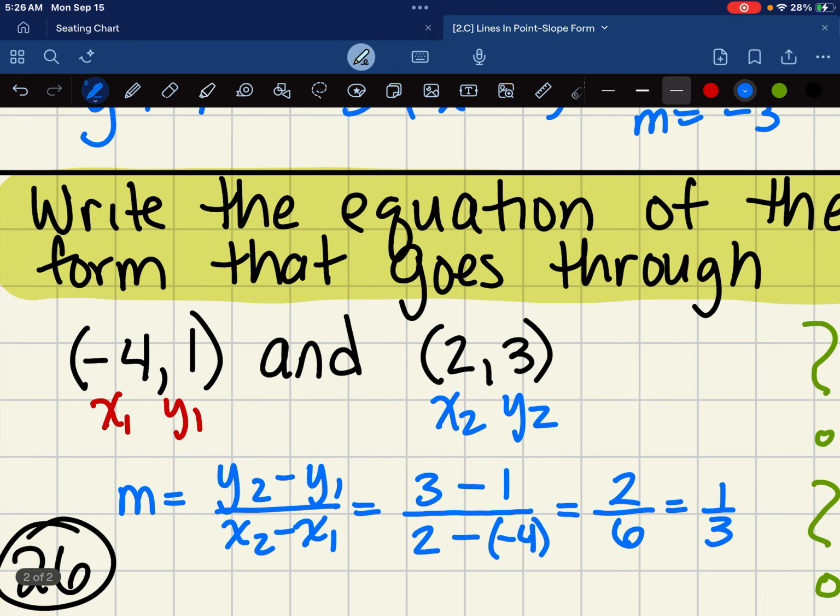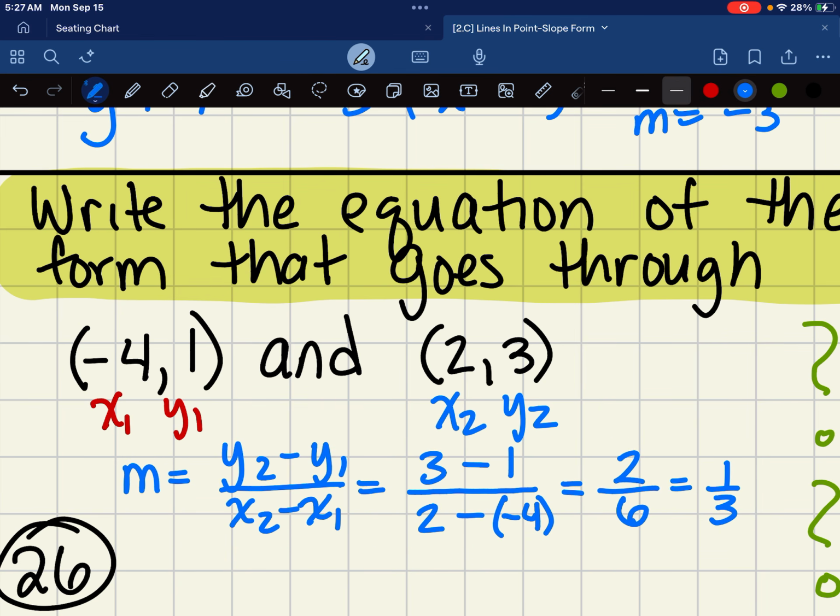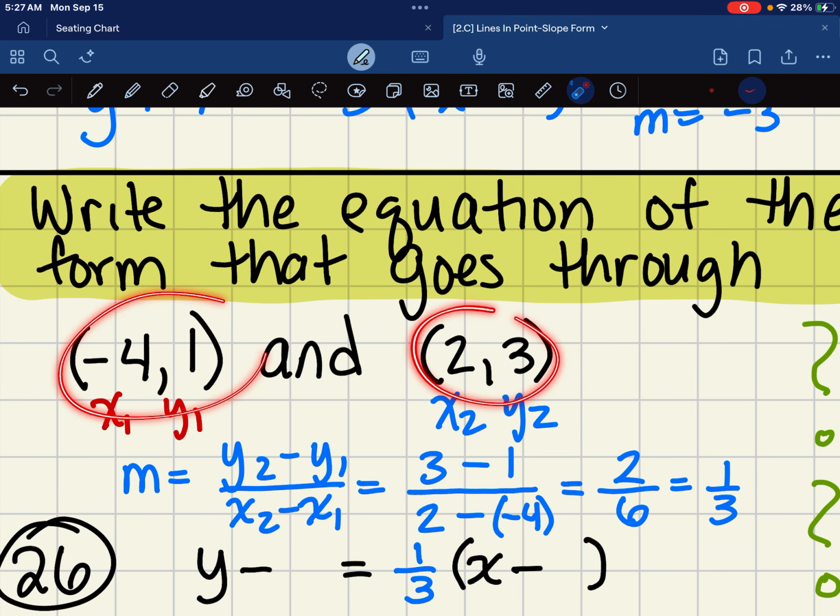Okay, so I have a point, I have a slope. I don't have space, so I'm going to scooch this up just a little bit. Okay, so when I write out my template, that slope that we just did all that work for comes right here in front. And like I said, I could pick either point. It doesn't matter. I'm going to go with this one, just because it has opposite signs and I like showing you guys that.